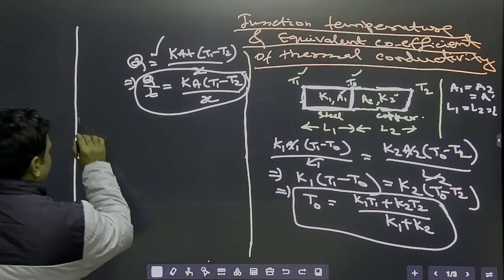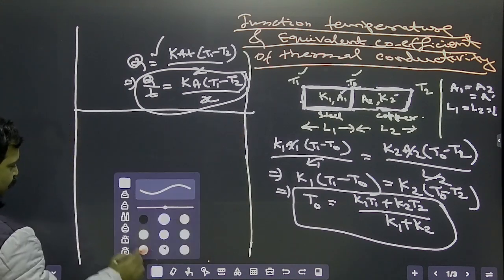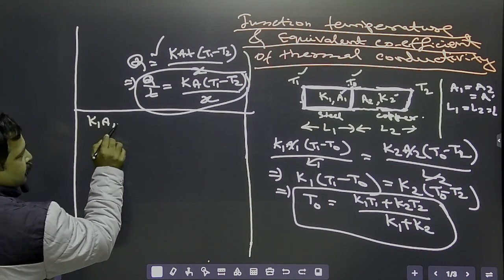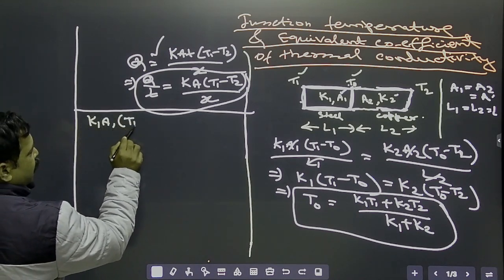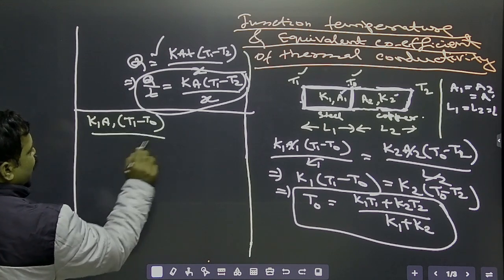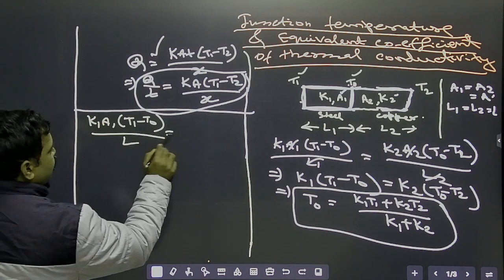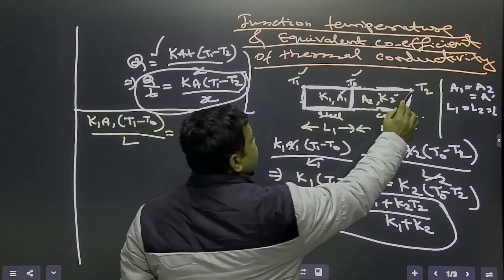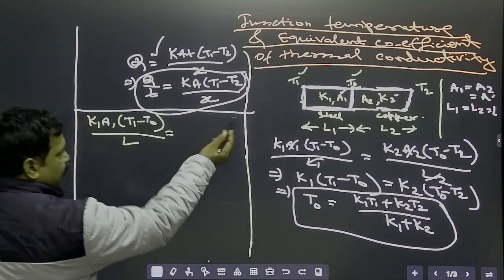What will be the formula? It will be K1 A1 (T1 minus T0) upon L. So this will be equal to the rate of heat transfer from this point to that point. So here we can equate.